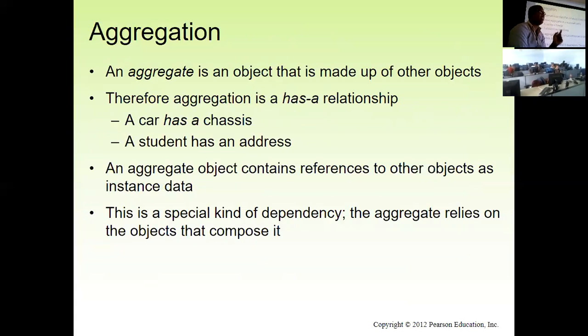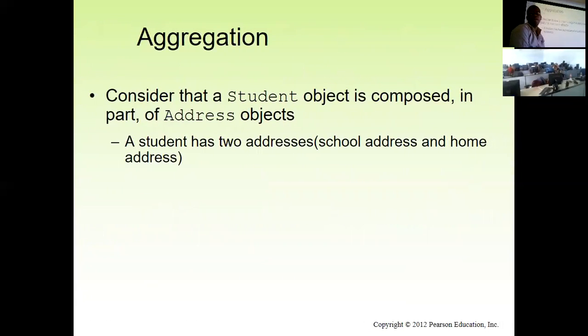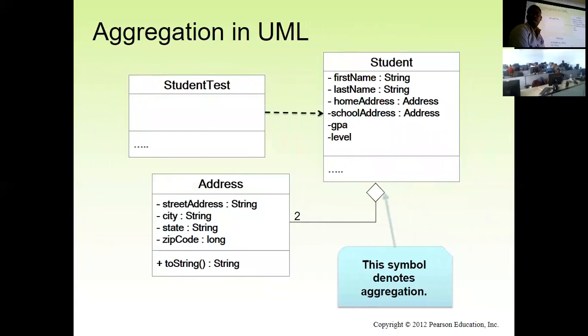Now, we're going to look at two types of aggregation, but let's look at this example first. Consider a student object is composed in part of address. This is what it would look like. So remember, we had the uses first, where the student test, which is our driver class, uses the student class, but the student class is made up or is composed of the address.